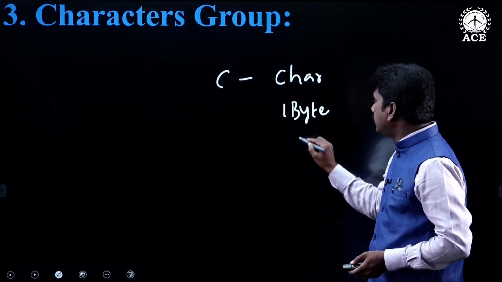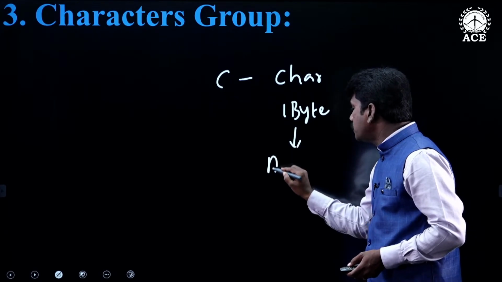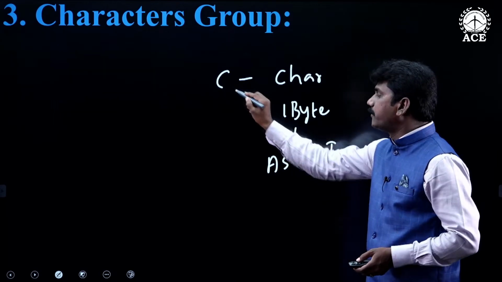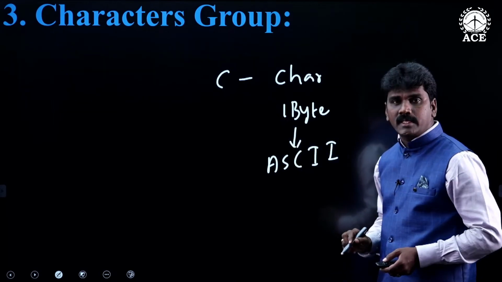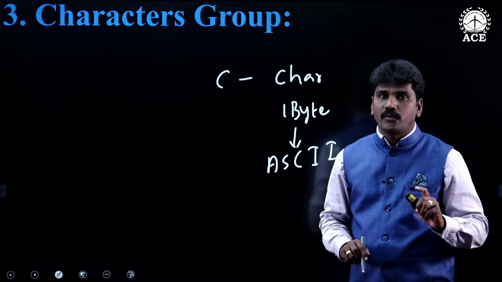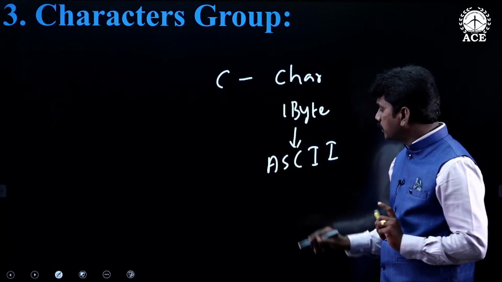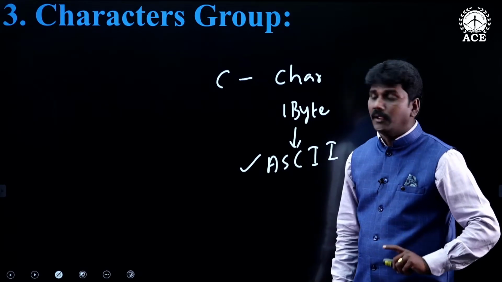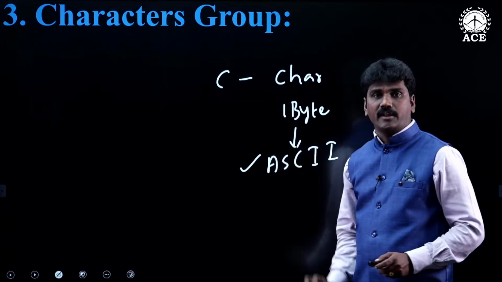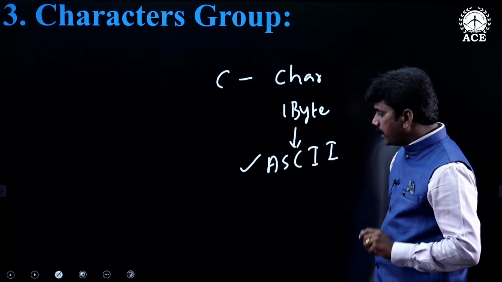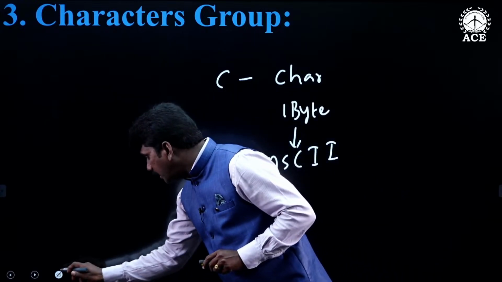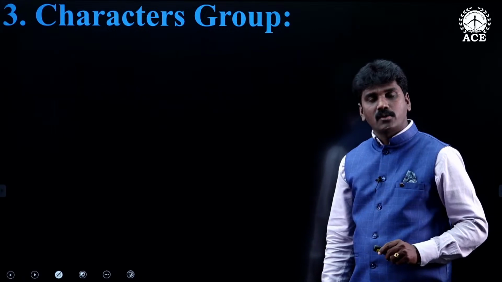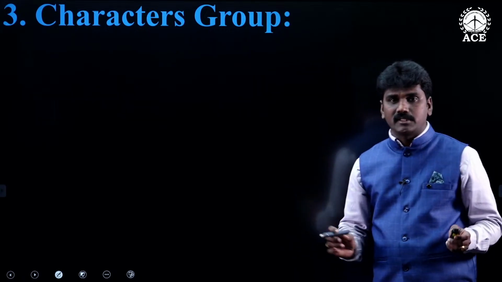It uses the ASCII standard in C language. So what is ASCII? American Standard Code for Information Interchange. Whatever characters are available under ASCII are only allowed in C language. But in Java, it is not only the ASCII standard but all human languages.